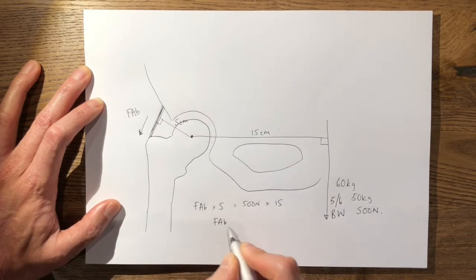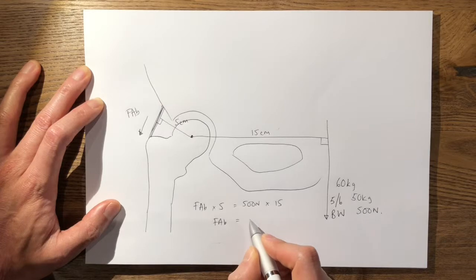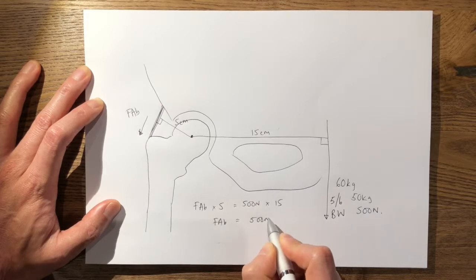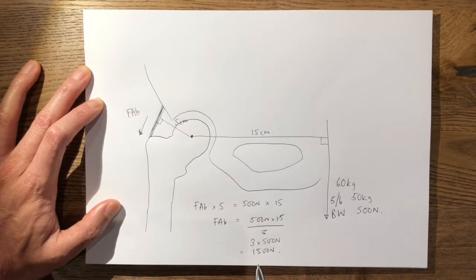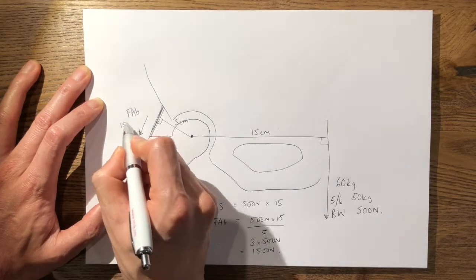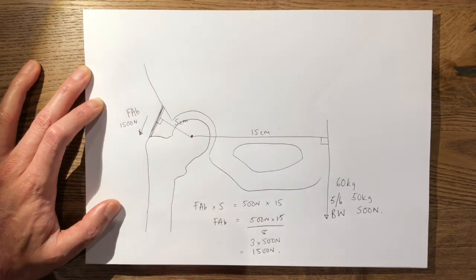So you can quickly work out that your force of abductors is going to be 500 newtons multiplied by 15 divided by 5. They cancel each other out, so it's 3 times 500 newtons, which is equal to 1500 newtons. So your force of abductors is 1500 newtons.